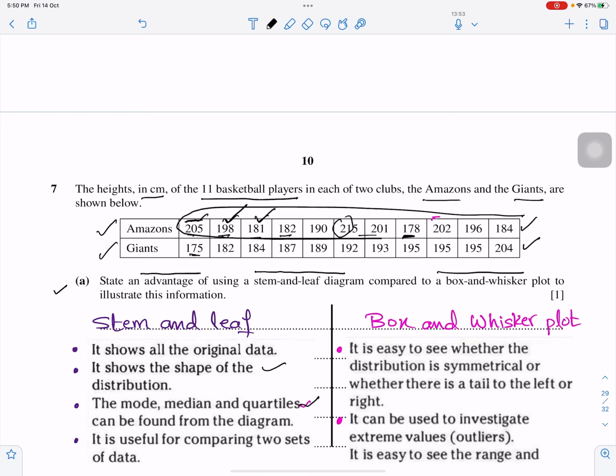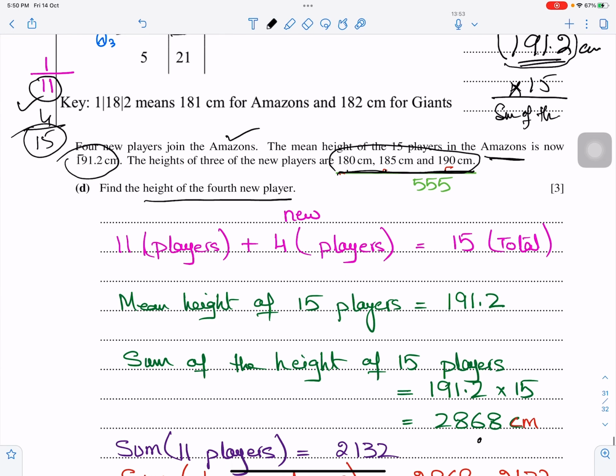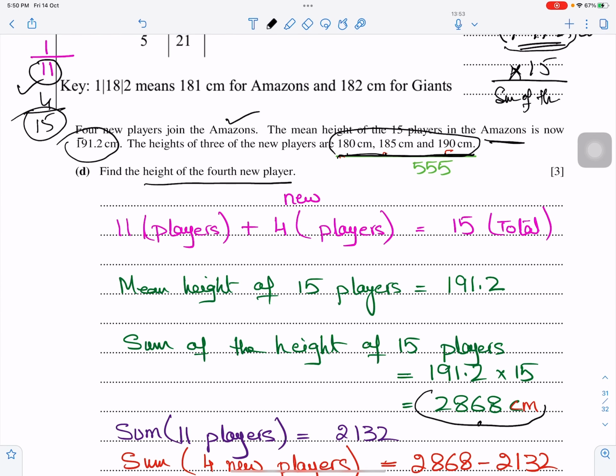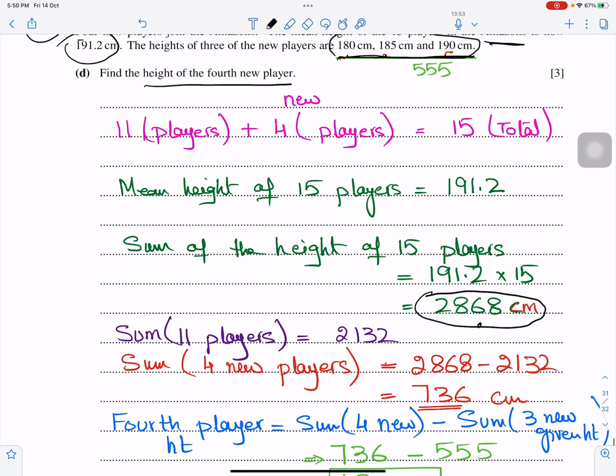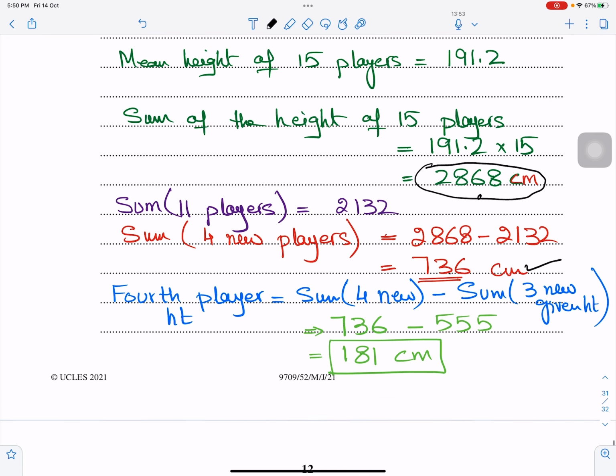If you add up all these heights, you will get the sum of the 11 players, right? You subtract that from the sum of the 15 players which you calculated here. It will give you the sum of the heights of the 4 new players, which is 736 centimeter. And from this you can subtract these 3 heights. So you will get the height of the 4th player.